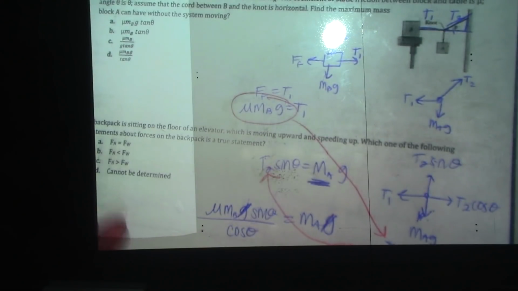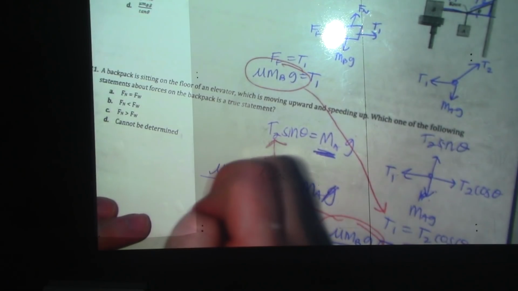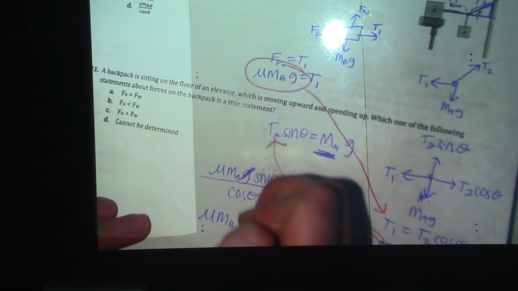Think about it as dividing over and they cross off. And then MA is mu MB sine over cosine. I don't have that, but I do have tangent, which is okay because sine over cosine is just tangent. So this is mu MB tangent of the angle, which is B. Not A because the G canceled out. Dang, that was a long one.